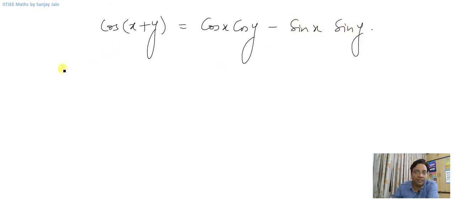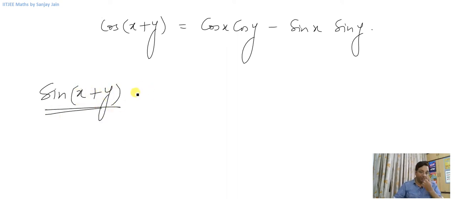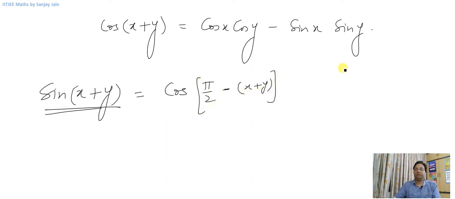Now after that, what they have used to derive sine of x plus y is that sine of x plus y can also be written as cos of pi by 2 minus x plus y, right? We know that cos pi by 2 minus theta is equal to sine theta, right?